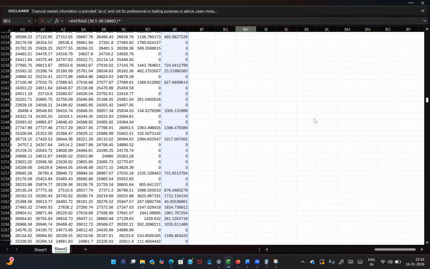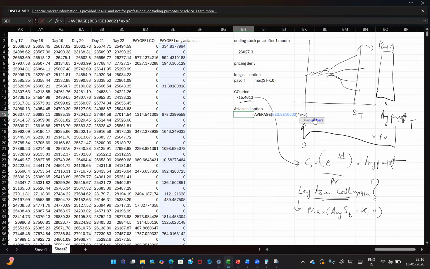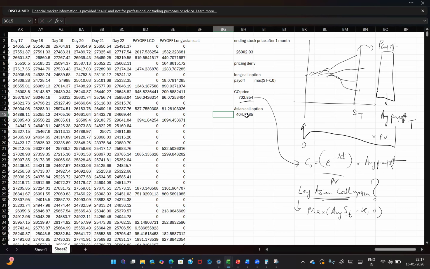Into present value of this, which is exponential of minus RT, where R is 10% and T, in our case, is 1 by 12. So the Asian call option price, as you can see, falls generally below because it is based on the average prices. So it's very much possible that the Asian call option price is cheaper.